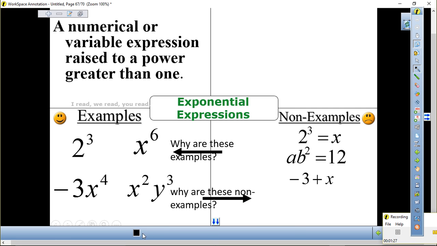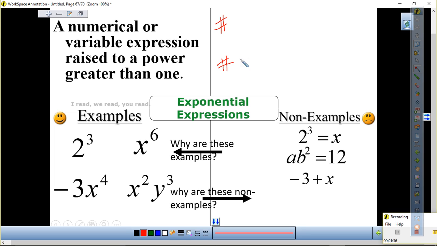And for critical attributes, so that it can stick, hopefully next time instead of remembering the definition, you remember the hashtags. What would be one hashtag? Look at the non-examples, look at the examples.